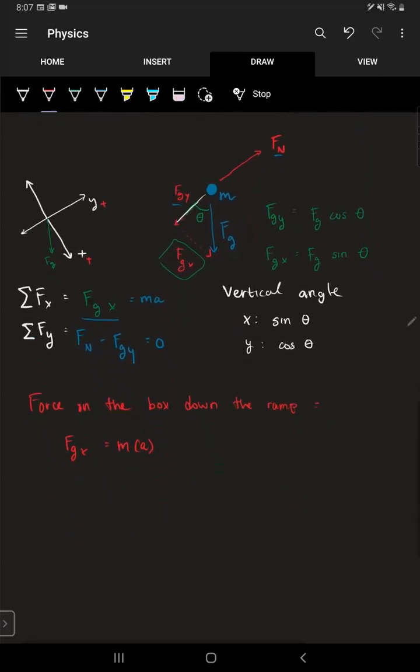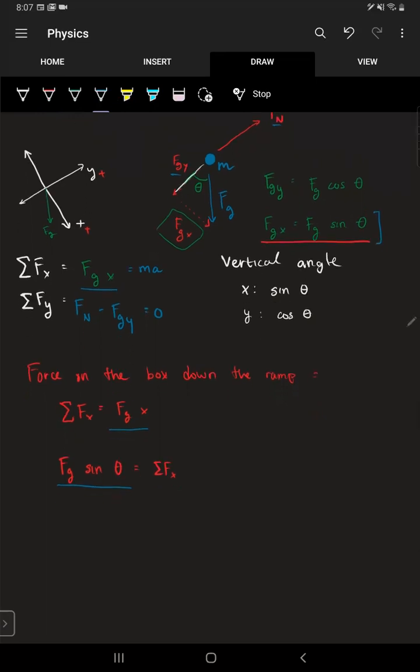And we know that Fgx is equal to Fg sine theta. So we have Fg sine theta equals sigma Fx. This may have confused you a little, so I'm just going to rewrite it. Sigma Fx equals Fgx. And we just substituted the Fgx here for the Fg sine theta that we solved here.